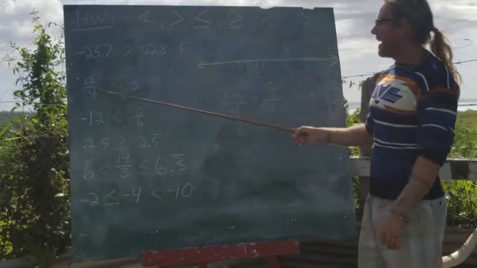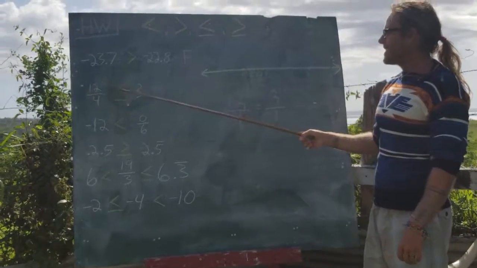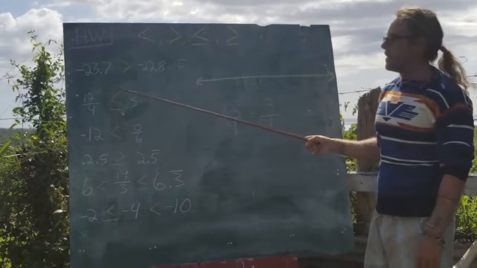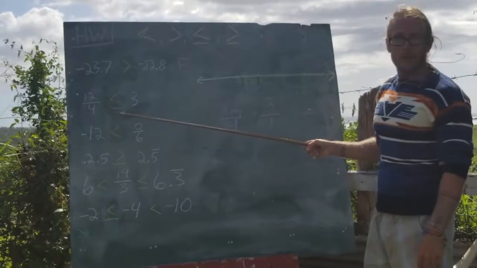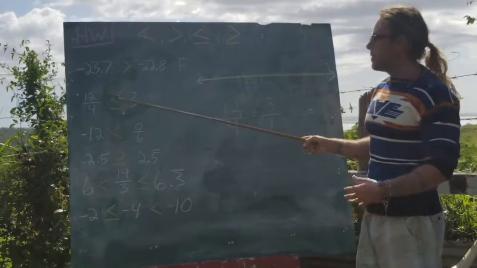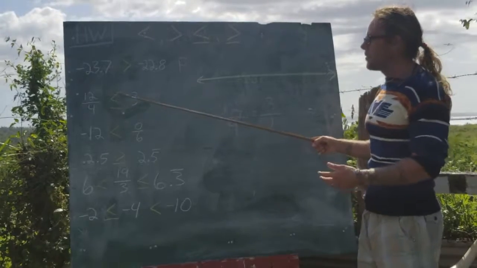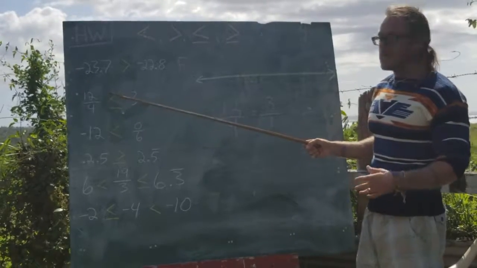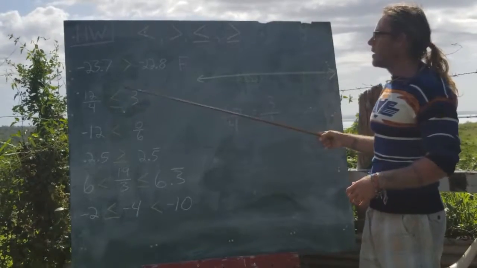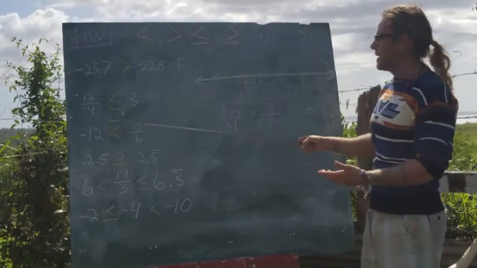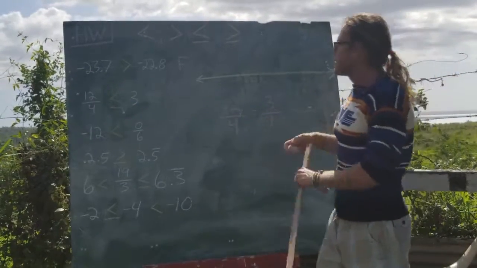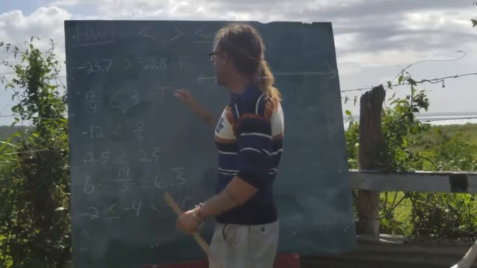So we're essentially asking, is 3 less than or equal to 3? Well, 3 is not less than 3, but it is equal to 3. So while this may not be an overly helpful statement, it may be more helpful to say 12 over 4 is equal to 3. It is not a false statement. We can say it is a true statement because it allows for the two quantities to be equal. In this case, they are. This is just another way to write 3. So this is a true statement.